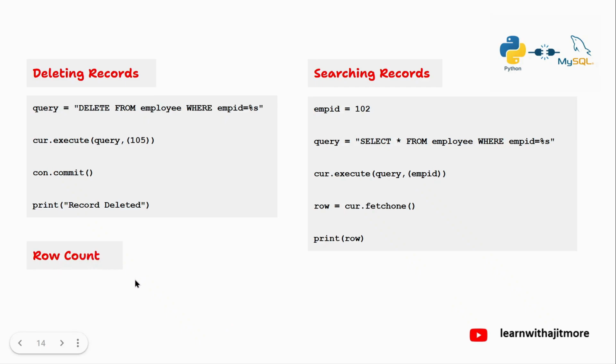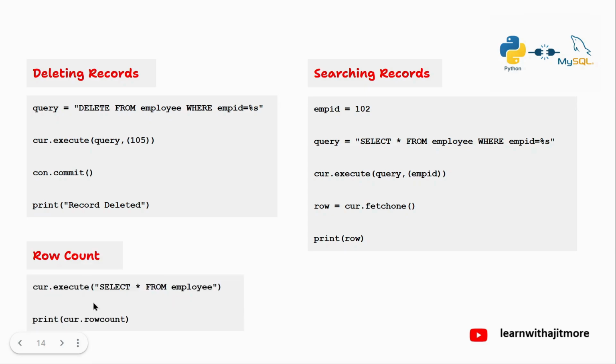And this is already there on the slide. Actually, I just searched in our AI tool, on ChatGPT. I asked ChatGPT, but before that, I had actually mentioned it on the slide. Row count, like you want to find out how many records got affected.